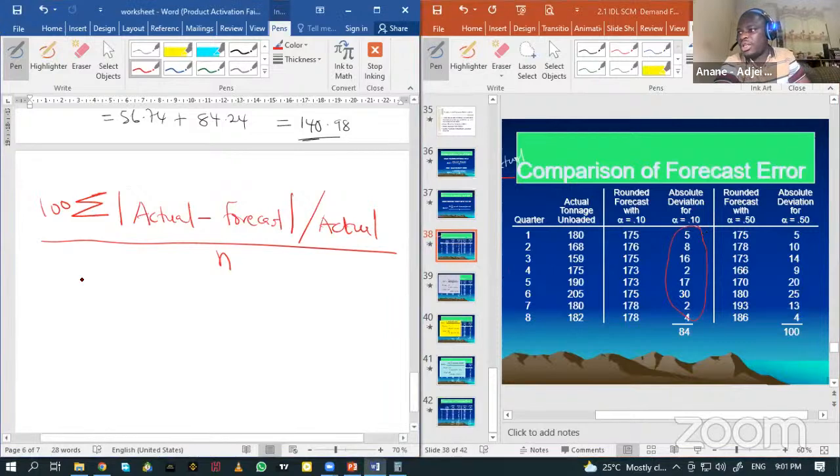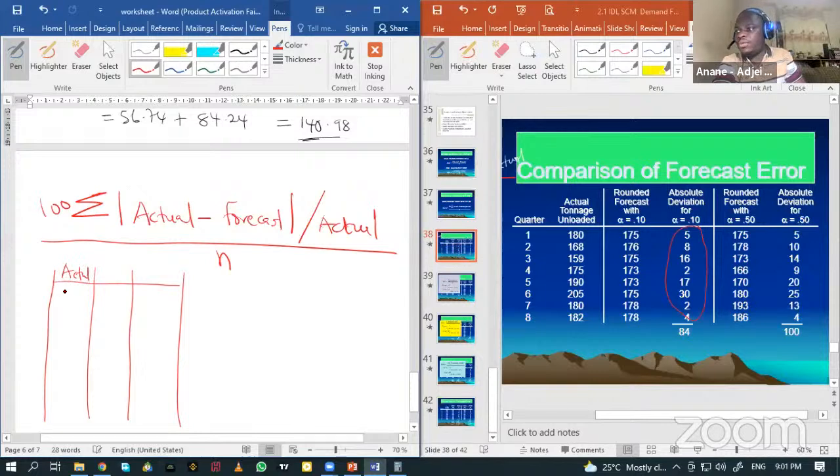Okay, so let me draw the table. So this is actual here.